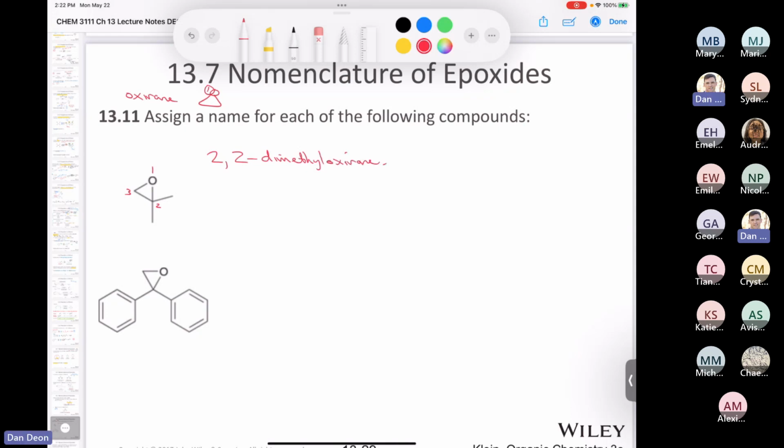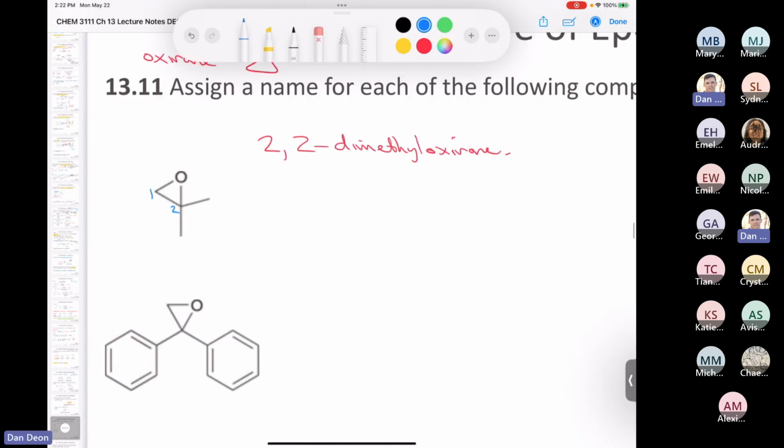All right. And if we want to name it as an epoxy compound, in that case, we have to find the longest carbon chain, and we want to give the epoxy the lowest numbers we can. The longest carbon chain we have in this molecule has 1, 2, 3 carbons, right? And we have the epoxide between carbons 1 and 2. If you're thinking, shouldn't you start over here, 1, 2, 3? No, that's wrong because it's between 2 and 3.